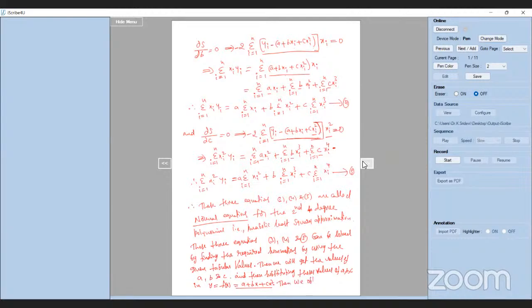Then we obtain the required least squares approximation for the second degree polynomial, or for the parabolic least squares approximation, whichever we can say.